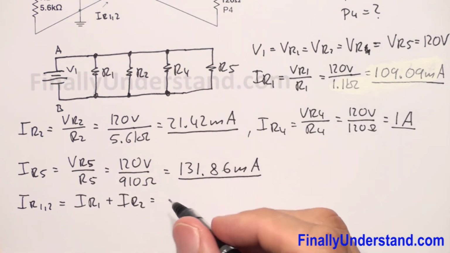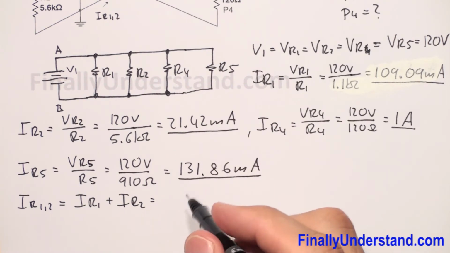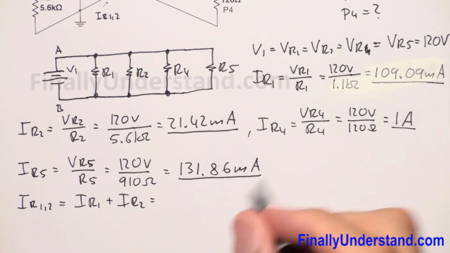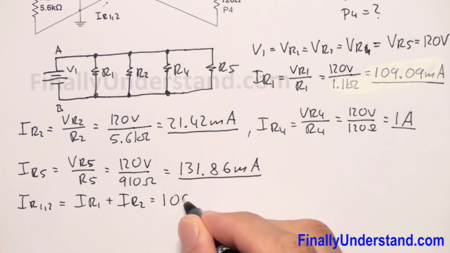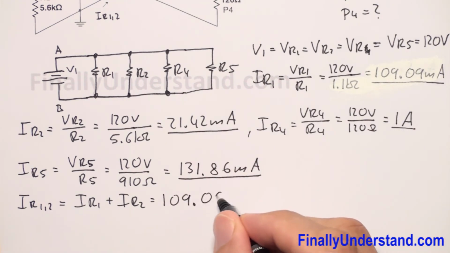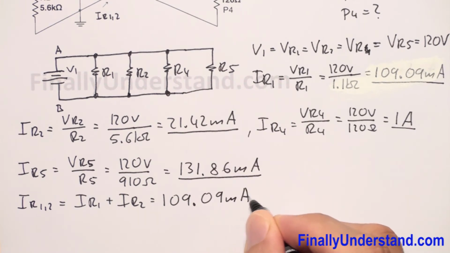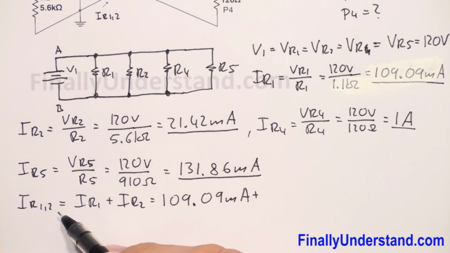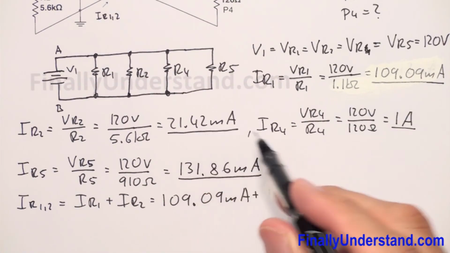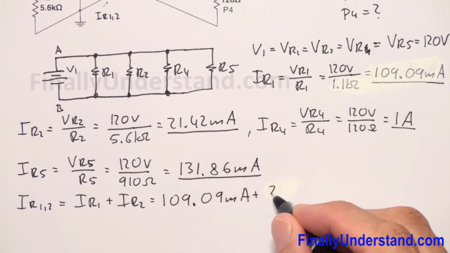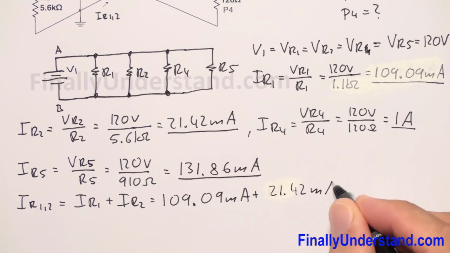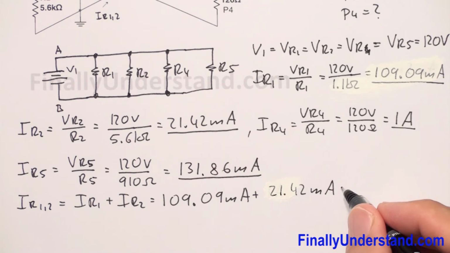IR1 we calculated over here, right? So this is equal to 109.09 milliamps plus IR2, 21.42 milliamps.